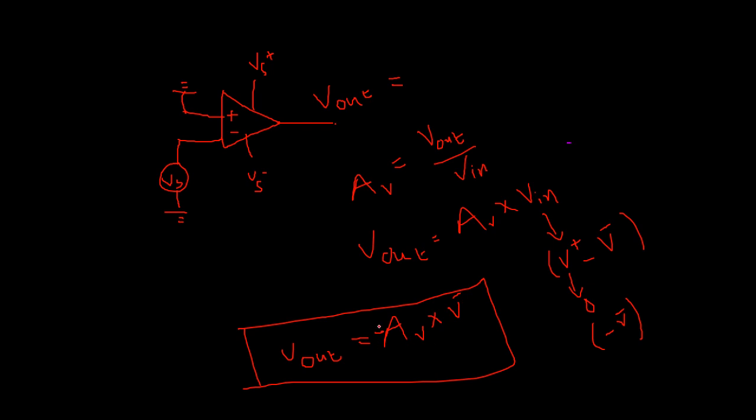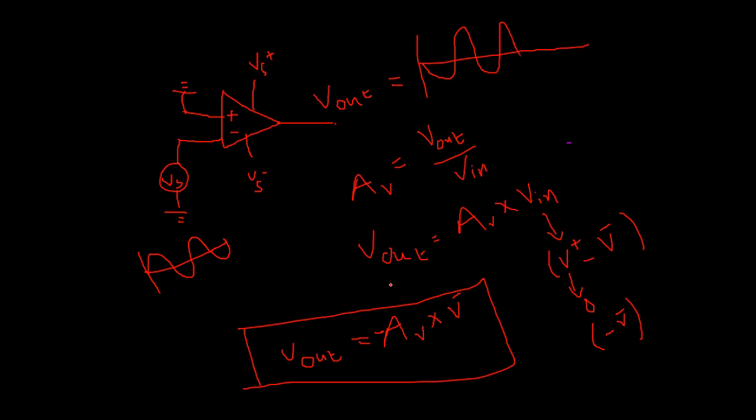So this minus refers to the phase shift with respect to the input signal. Whatever input we give on the input side will be 180 degree phase shifted on the output side. So here you will get exactly 180 degree phase shifted output. That is what this minus sign refers to.